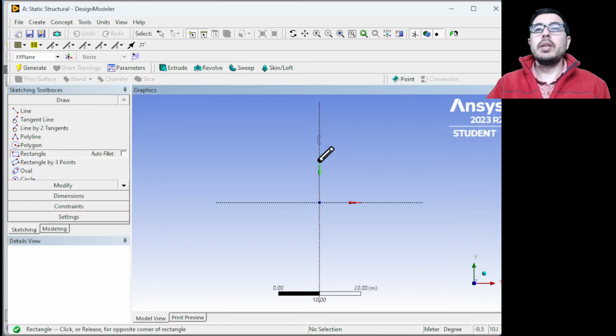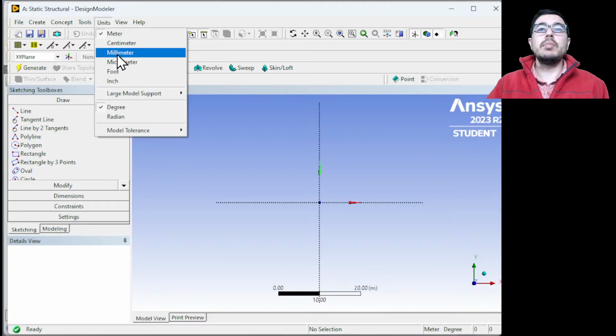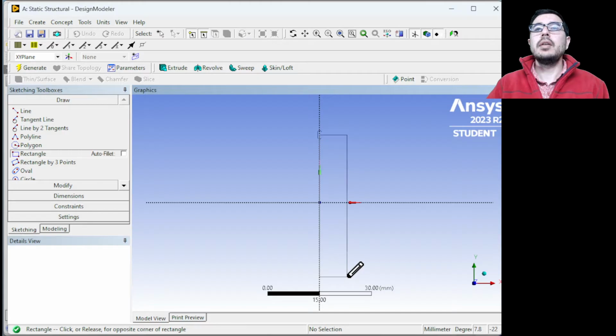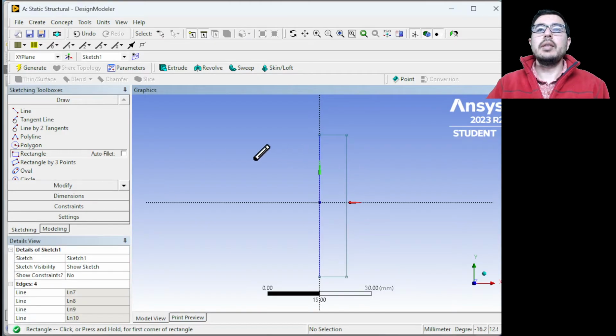Before I do this, go to units, make it a little bit easier. We'll use millimeters. Okay. So once again, we come over to rectangle, and we can do something like this. And we will make another rectangle doing something like this.